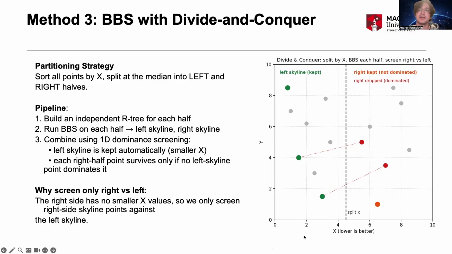For the right skyline, each point is checked against the left. If a left skyline point dominates it, it is then removed. Otherwise, it stays in our final skyline, like this orange dot here. So, this method reduces the problem into smaller parts first, then merges the partial skyline results.